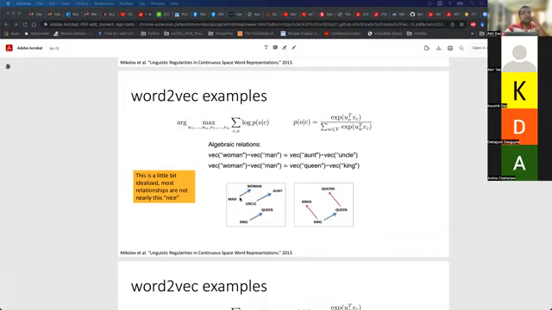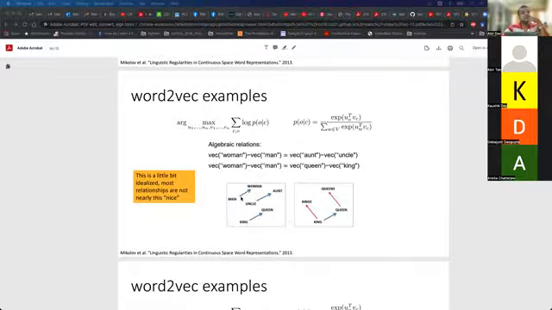So if you think that this is the representation of the word man, these are again some very famous examples that were given in the paper and even the blog that accompanied it. But it is not always this nice, but let me discuss this.